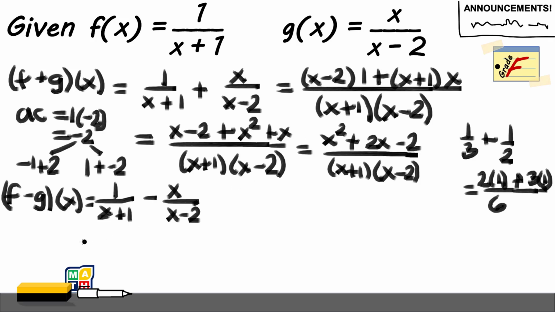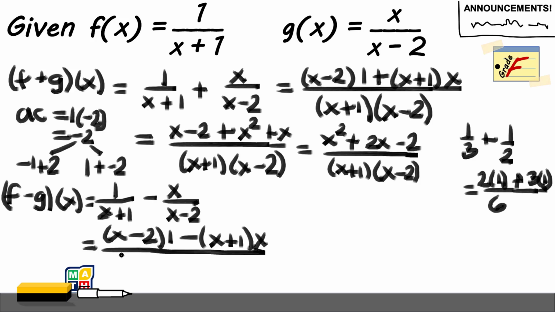So let me just copy the entire expression here. Again, we have the same denominators in the LCD, so it won't change. The only difference is the minus, because we have minus here. You have your multiplier of x plus 1 times x all over the same LCD, x plus 1 times x minus 2.